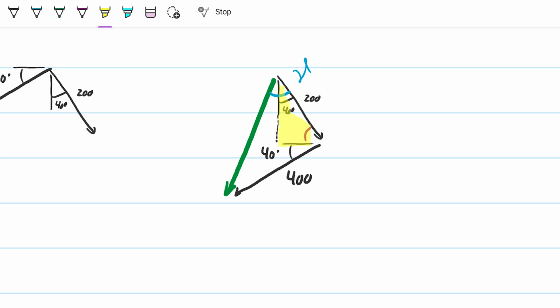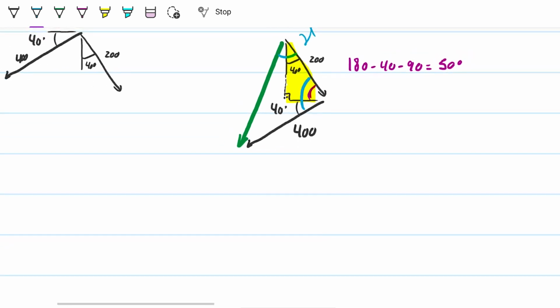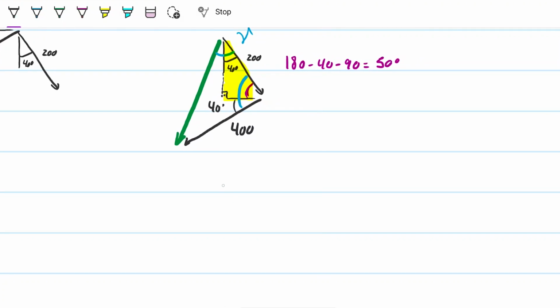It has 40 degrees over here, it has 90 degrees over here, and then it has the angle we're trying to find over there. So that angle is going to be 180, the total of the triangle, minus 40 minus the 90, and that gives me 50 degrees. So if that's 50, and this is 40, then this total angle here is 90, right? If it's 90, then it's a right triangle, and things become a bit simpler for us.